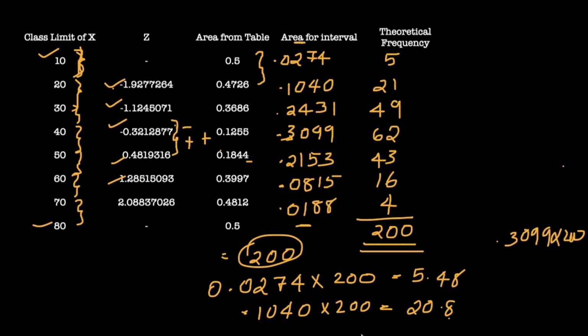We have to first convert it into a continuous class interval by deducting 0.5 from the lower limit and adding 0.5 to the upper limit. Then you calculate the midpoint, take it as x, and follow the same steps which we have followed here. We will get the answer.